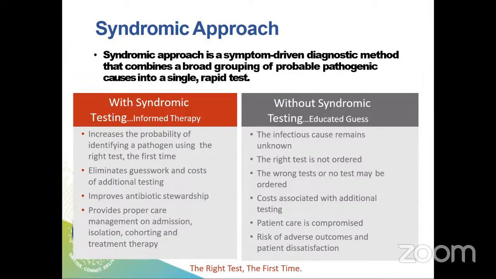So when I talk about a syndromic approach, we'll group probable organisms together and even go further and check on the resistant markers at the same time.